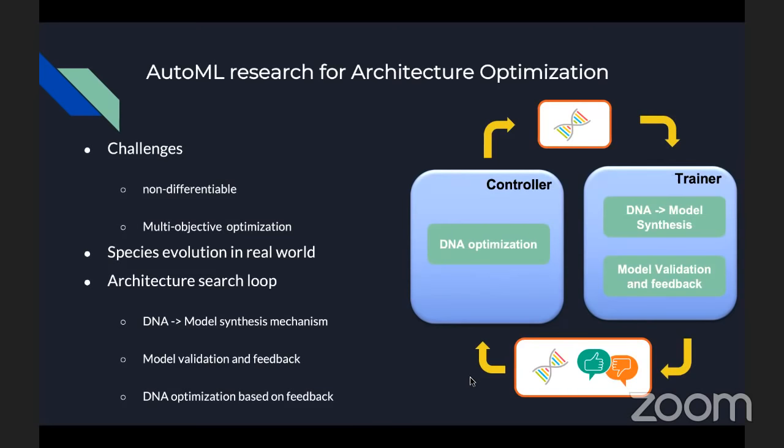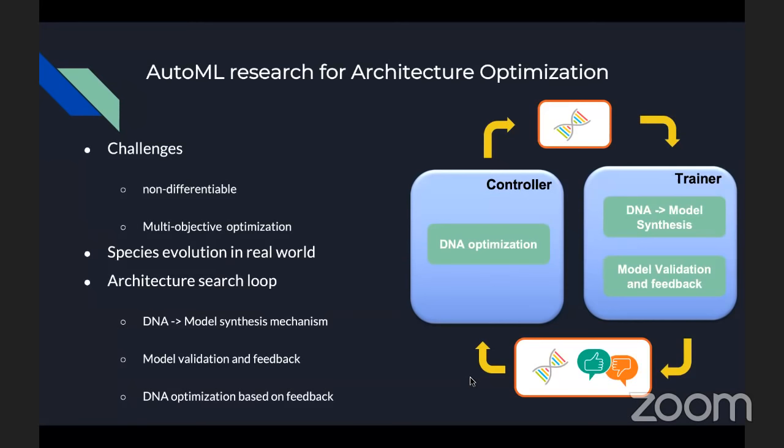And sometimes we're facing multi-objective optimization. For example, the architecture we design needs to fulfill both high accuracy and high efficiency, meaning the inference latency is good or the model size is small. Some of those constraints need to be considered together, which makes the design even harder.